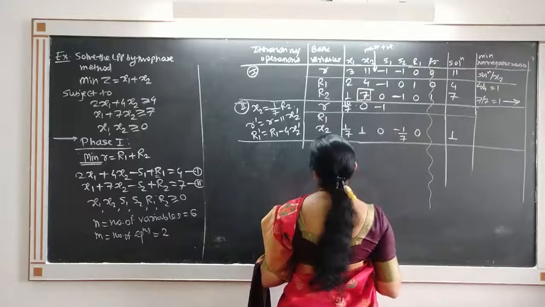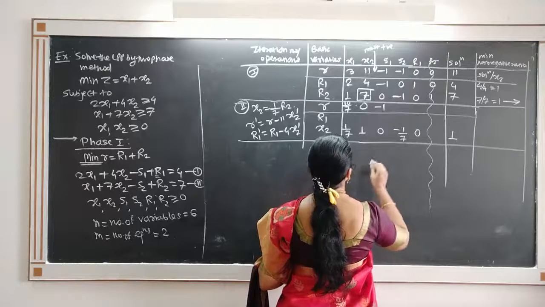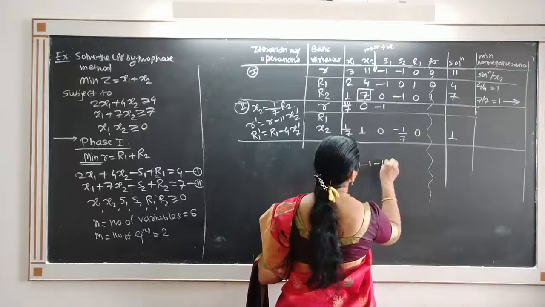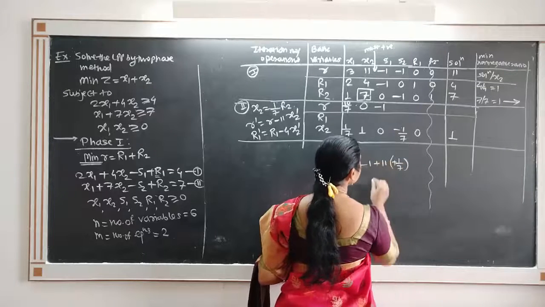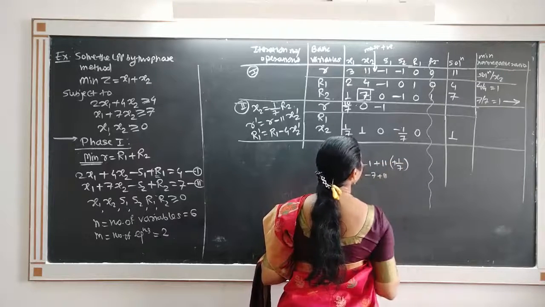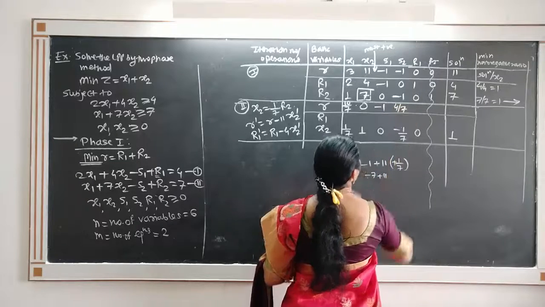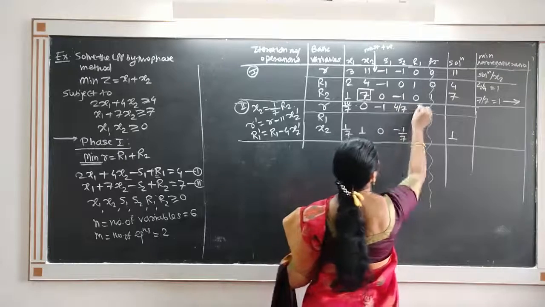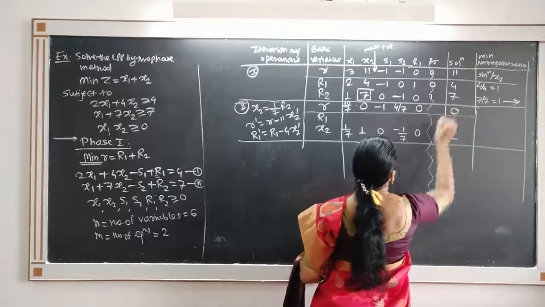Minus 1 minus 0, that is minus 1. Minus 1 minus 11 times minus 1 by 7 becomes plus, that is minus 7 plus 11, that is 4 by 7. 0 plus 0, 0, and 11 minus 11, 0.